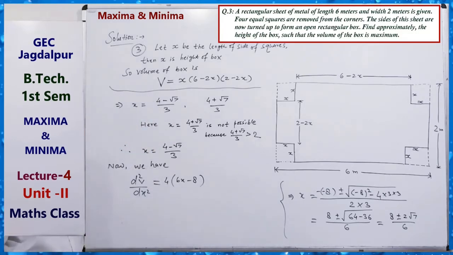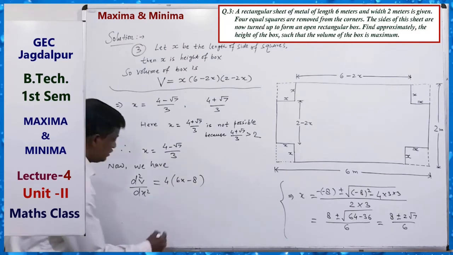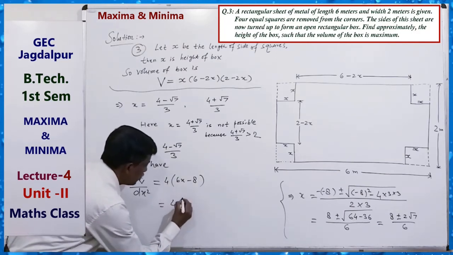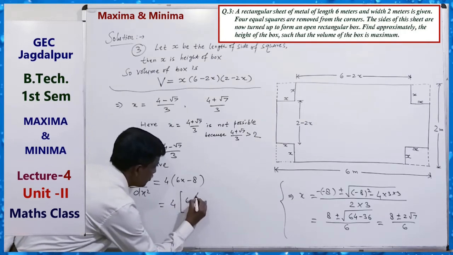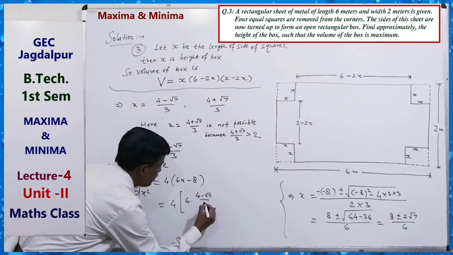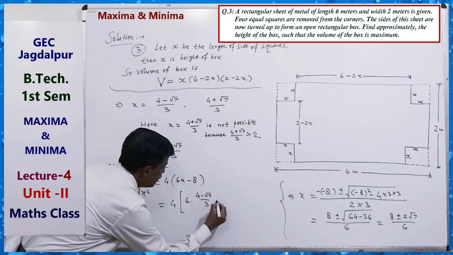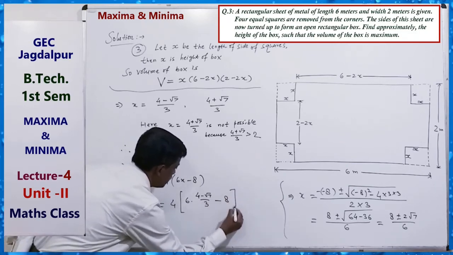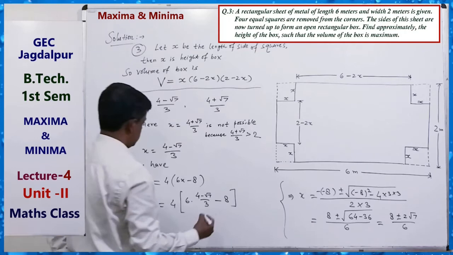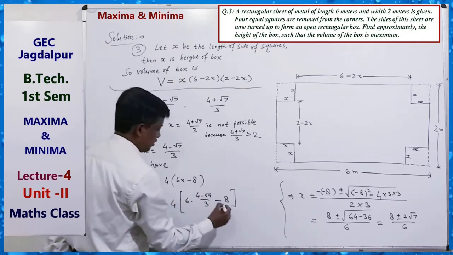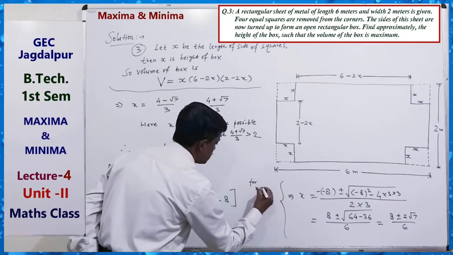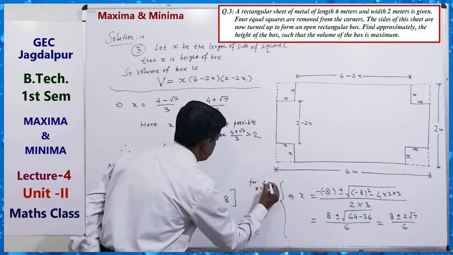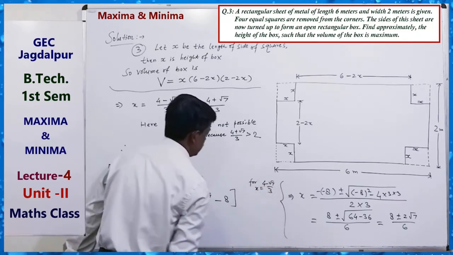This is the second derivative. And this is equals to 4 into (6 into (4 minus root 7 by 3) minus 8), for x equals 4 minus root 7 by 3.